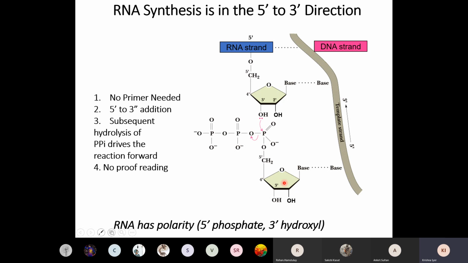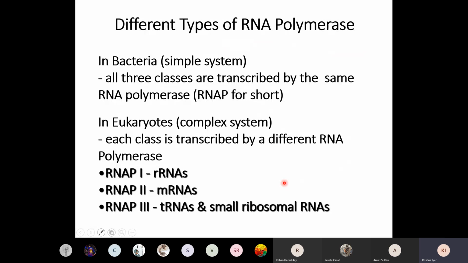Okay. Now, the big difference is that when we look at prokaryotes or bacteria, which are very simple organisms without a nucleus, vis-a-vis eukaryotes, which are very complex. They have cell organelles, nucleus, etc. What we find is that in bacterial systems, all the three classes of RNA, that is rRNA, or ribosomal RNA, messenger RNA, and tRNA, are all made by a single RNA polymerase.